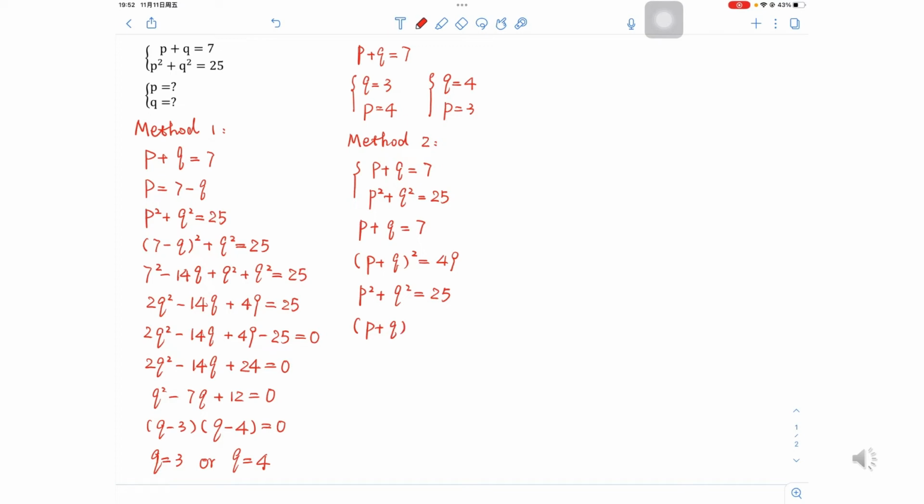The square of the sum of P and Q minus the sum of P squared and Q squared equals 49 minus 25. The square of the sum of P and Q minus the sum of P squared and Q squared equals 24.